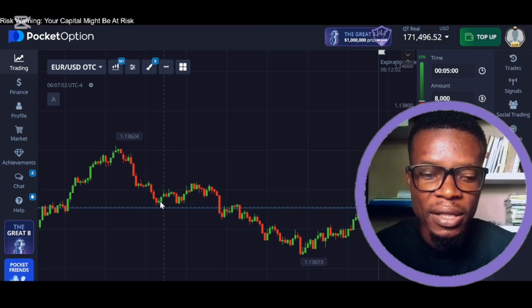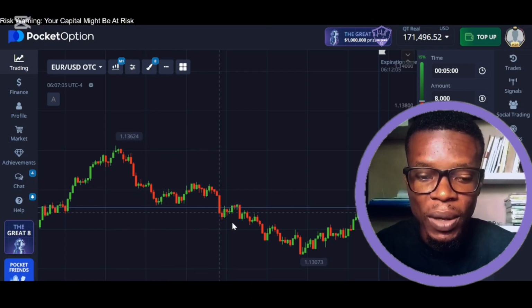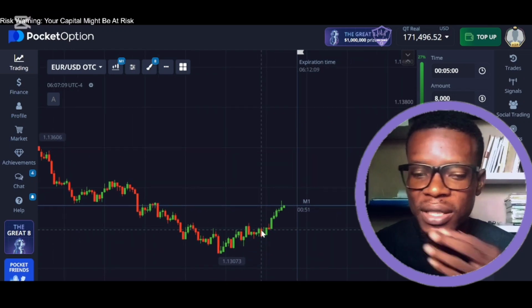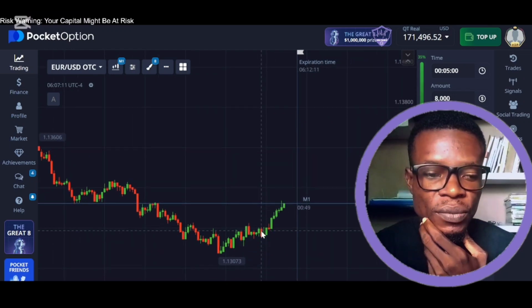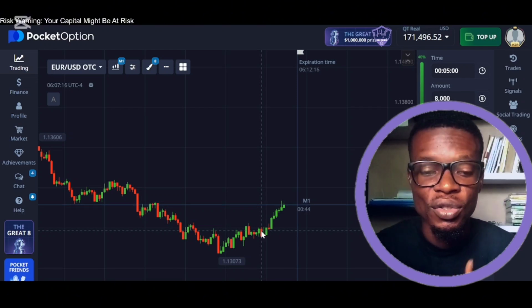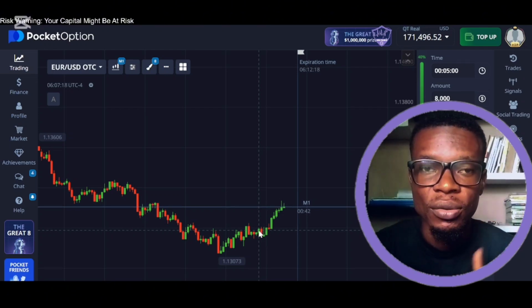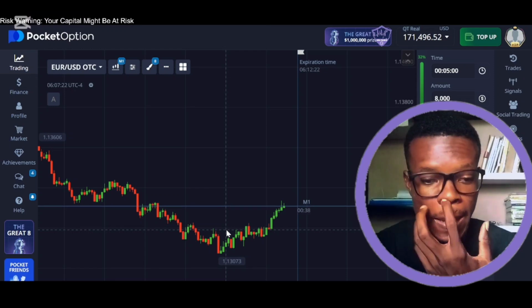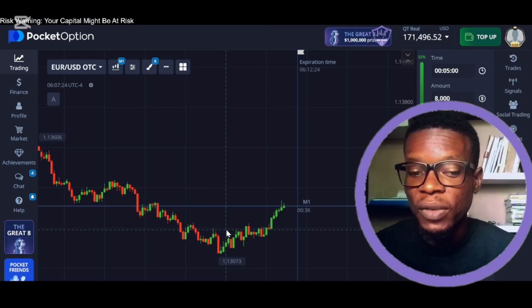This is a high, this is a lower low, this is a lower high, this is a lower low, lower high, and so on. In this type of market condition, we can anticipate the price to continue to go down in the major direction of the trend, unless we have some static criteria made. Then we can consider this to be an invalid setup.